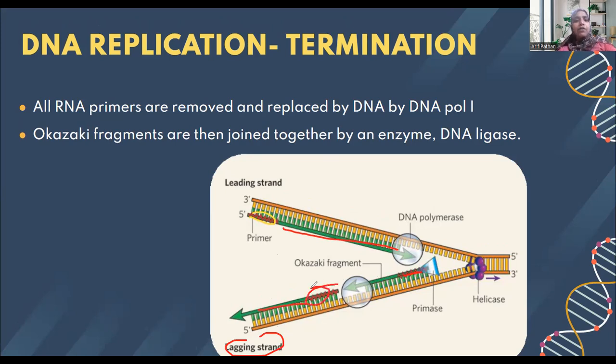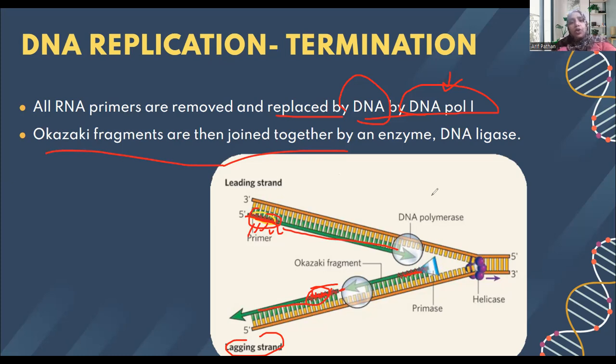This RNA primer will be later on removed by the enzyme DNA polymerase 1. Okay, it will be removed and replaced by DNA only. So these short stretches will be filled in by the nucleotides again by the same enzyme, DNA polymerase 1. And in Okazaki fragments, once the DNA polymerase adds the nucleotides, there will be a certain gap in the sugar phosphate backbone.